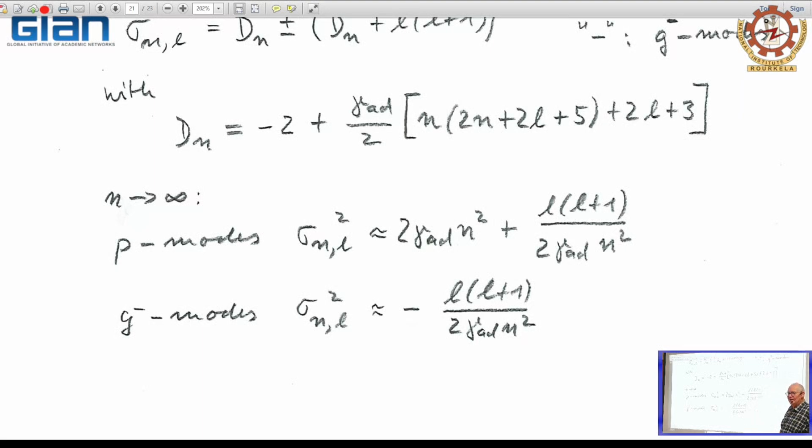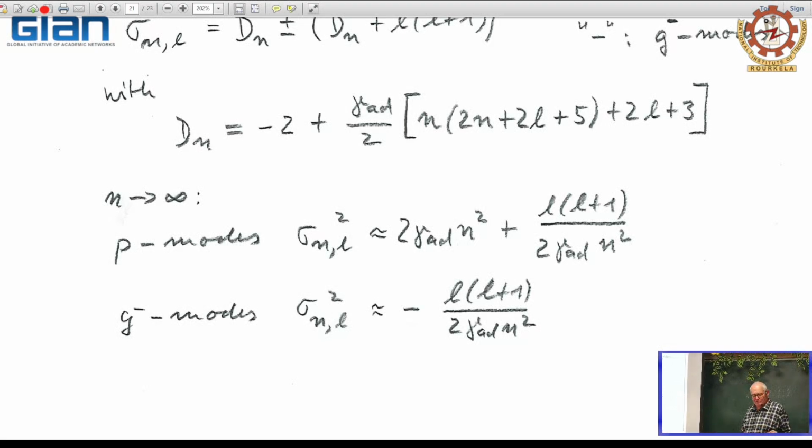So this resembles the spectrum of p modes for this homogeneous model. And the g minus modes go with L times (L plus 1) over n squared. Of course, these are g minus modes, so this is negative here.